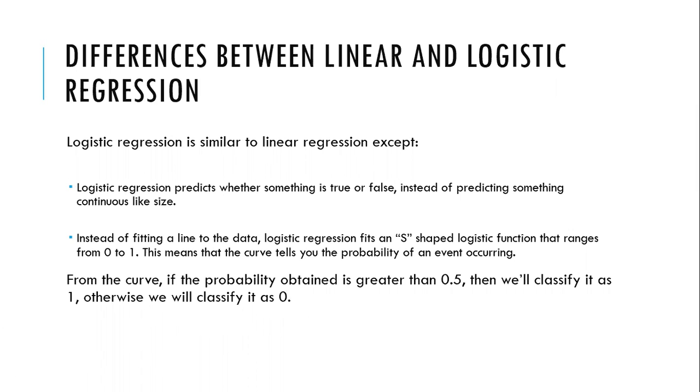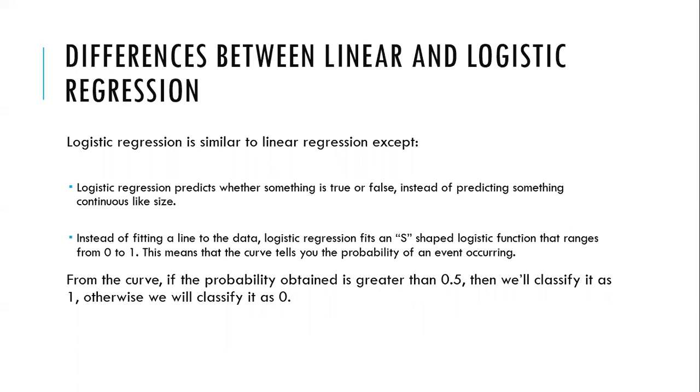In logistic regression, we are not trying to fit a straight line. Rather, we are trying to fit an S-shaped curve that ranges from 0 to 1. And again, this is based on the exponential function that goes between 0 and 1.